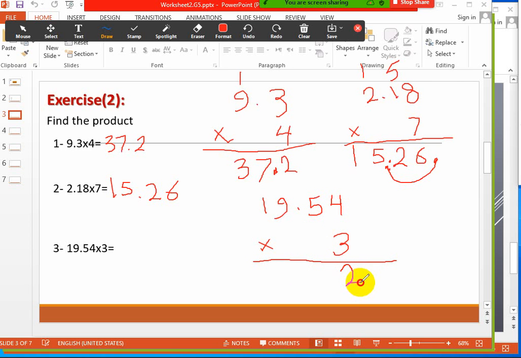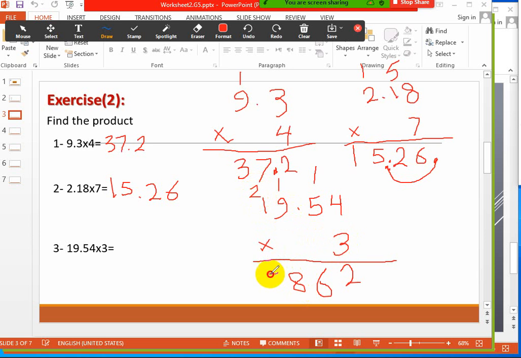I will put the 2 here and 1 above the 5. 3 multiply 5 equals 15, plus 1 equals 16. Very good, Sheikha also. So I will put 6 here and 1 above the 9. 3 multiply 9 equals 27. Very good. Plus 1 equals 28. So I will put the 8 here and 2 above the 1. 3 multiply 1 equals 3.